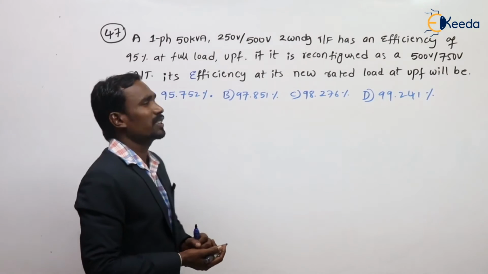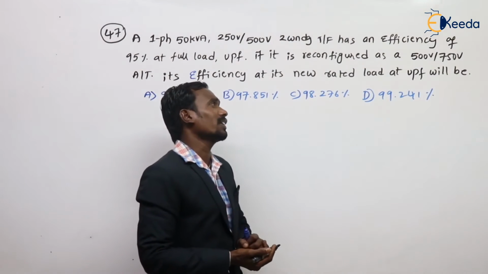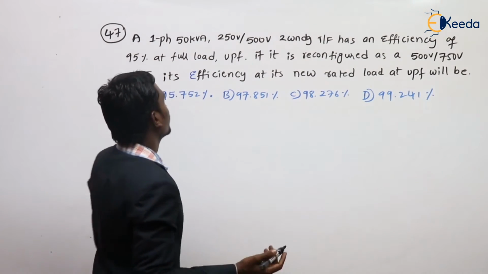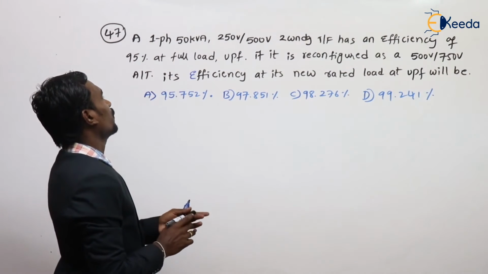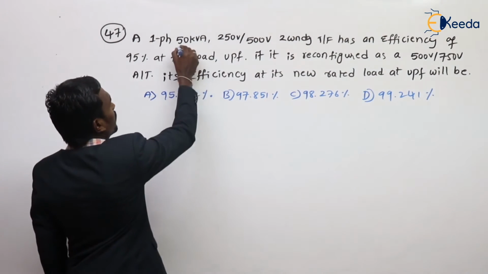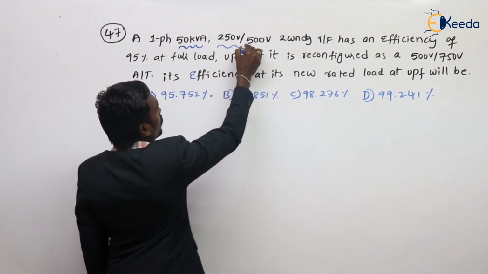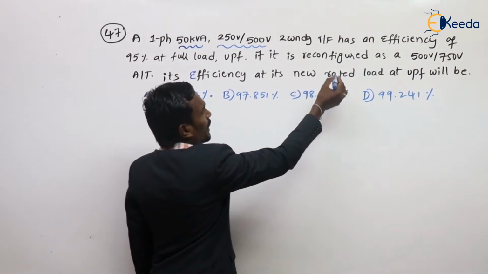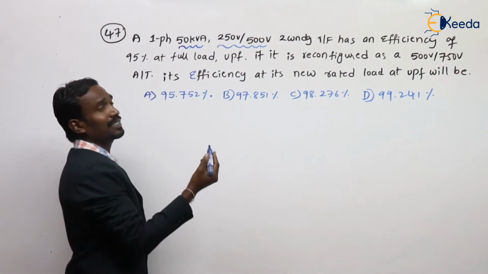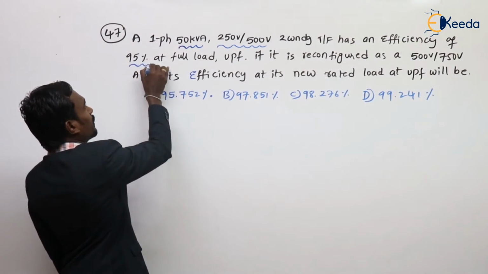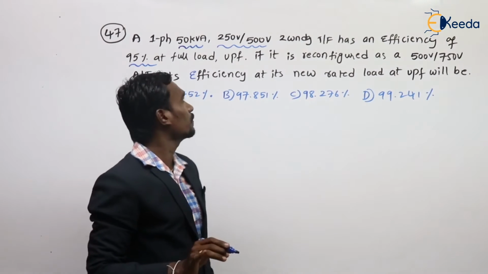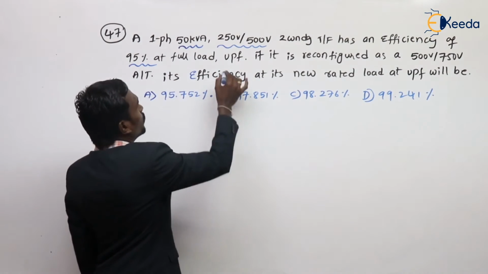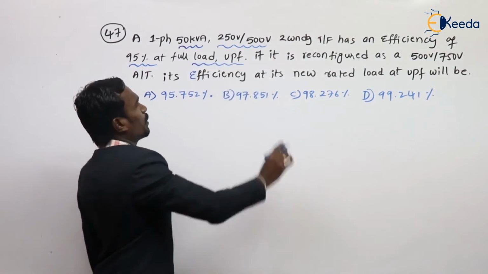Right? In this video, the question on auto transformer. Let's see: a single phase 50 kVA, 250 by 500 volts two winding transformer has an efficiency of 95% at full load unity power factor.